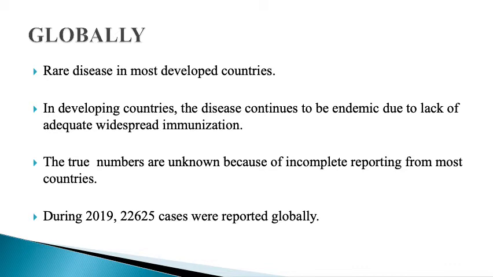In developing countries, the disease continues to be endemic due to lack of adequate widespread immunization. The true numbers of diphtheria cases and deaths are unknown because of incomplete reporting from most developing countries where the disease occurs. During 2019, 22,625 cases were reported globally, as published by the WHO.